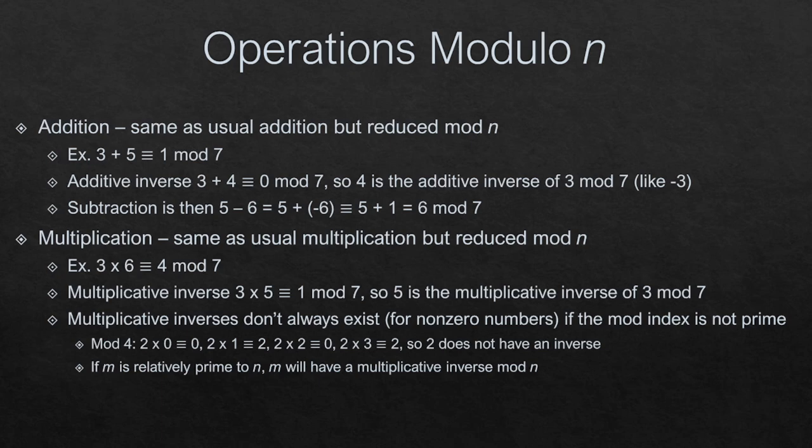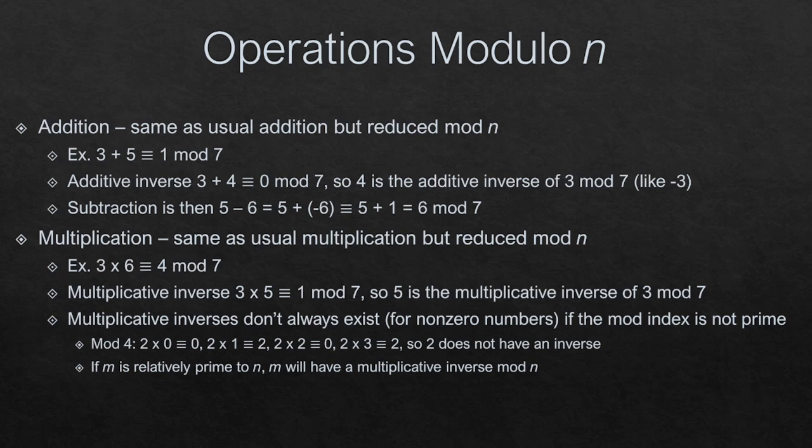How do we get inverses here? We do the same type of thing. If I want to multiply by a number and get 1, that's what I call the multiplicative inverse. So 3 times 5 is 15, but 15 mod 7 is 1. So we got that 3 times 5 is equal to 1.